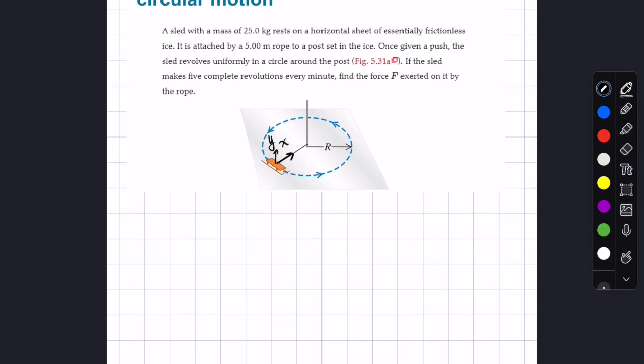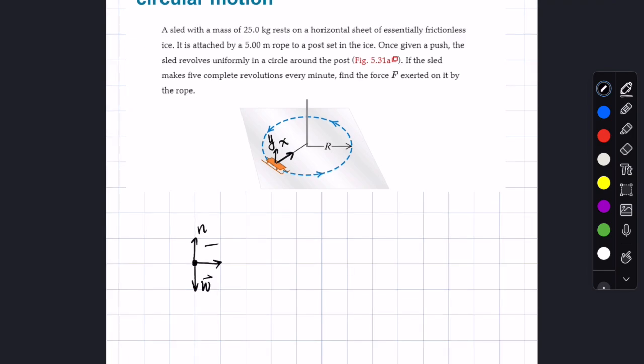So let's draw a free body diagram. In the Y direction, we have the weight vector pointing down, the normal vector pointing up, and then along the X, we have the tension or the force of that string. So we call it F. You could call it a tension.